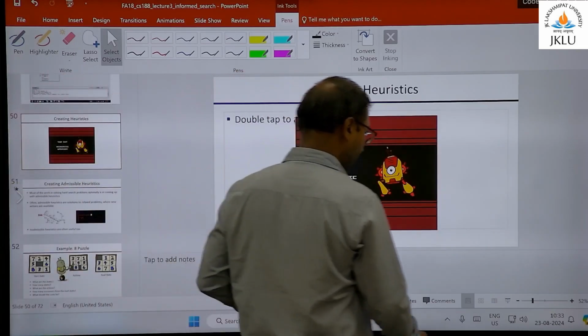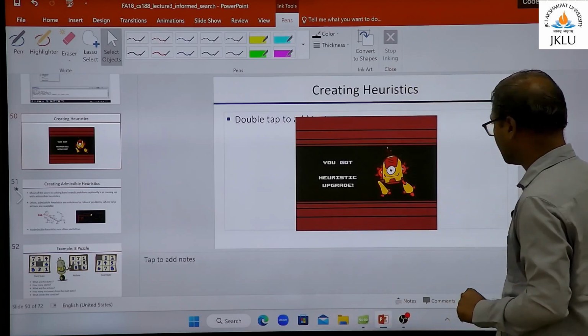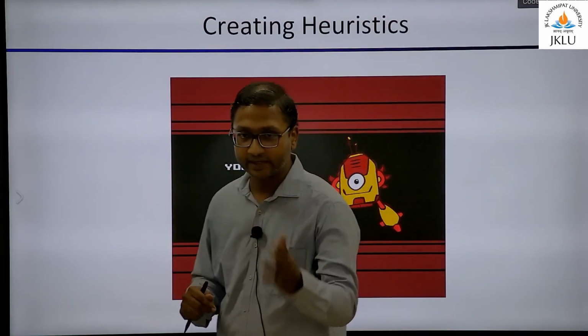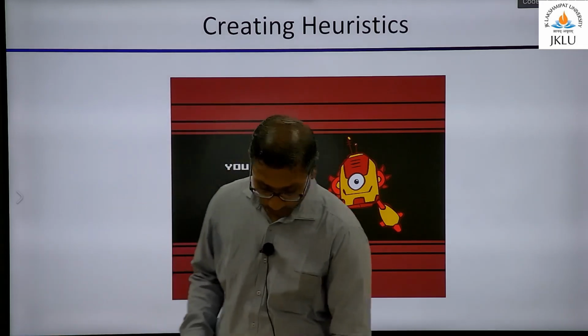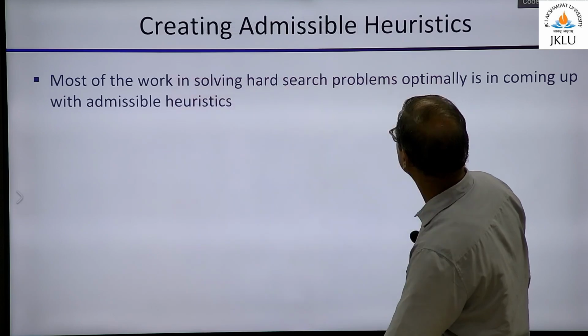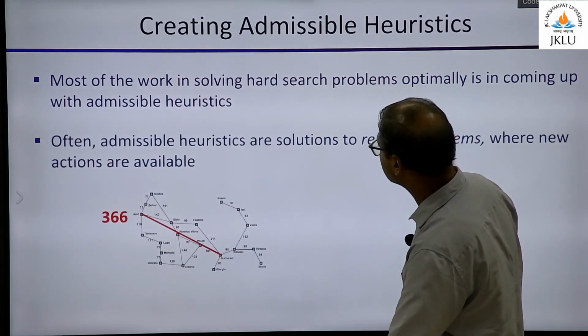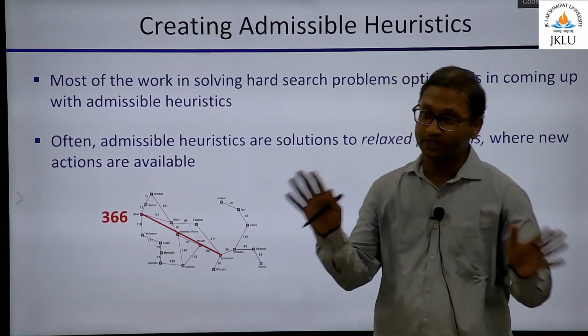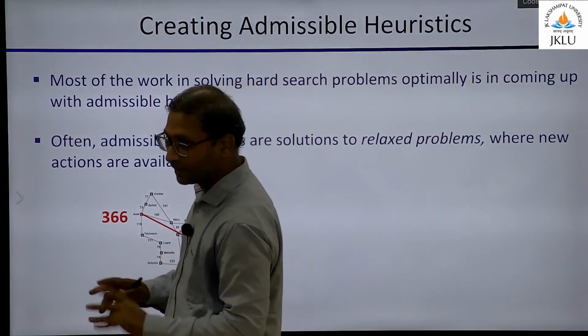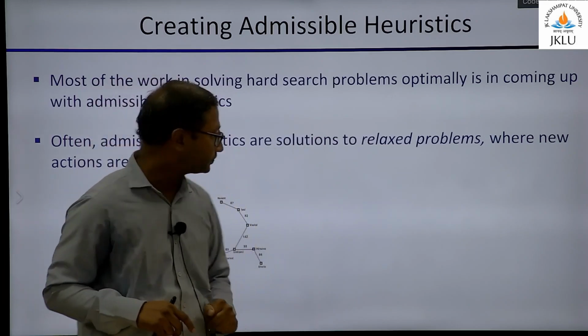All right, so now we start with how you create admissible heuristics. We have already talked a lot about it, and it is super easy, right? It is easier than what we have discussed until now.